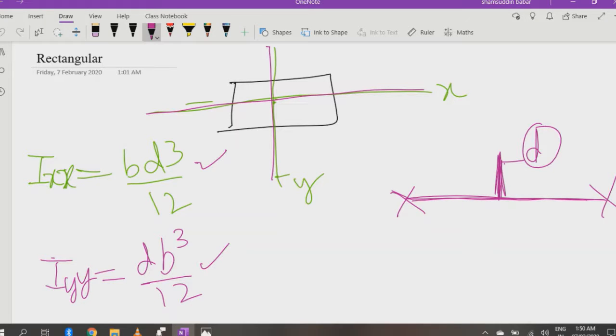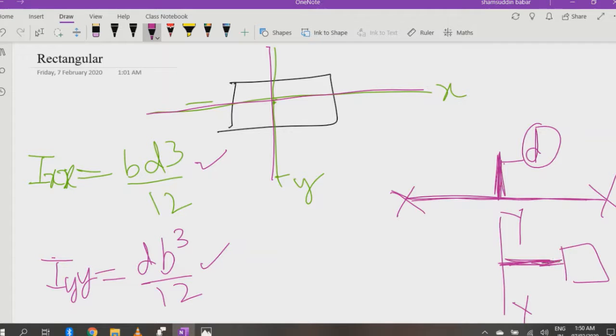Now if we are finding the moment of inertia about the y-axis, the length which is in action is this. With respect to this length and this distance, we find out where the box is. This distance is usually b.